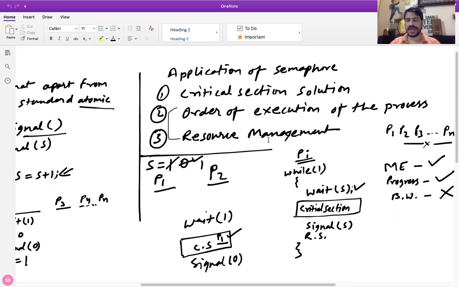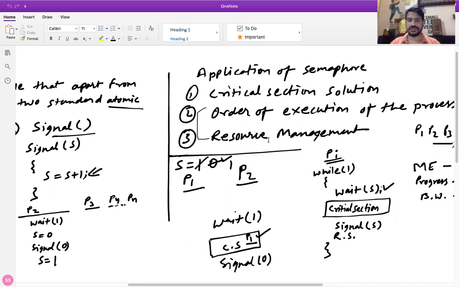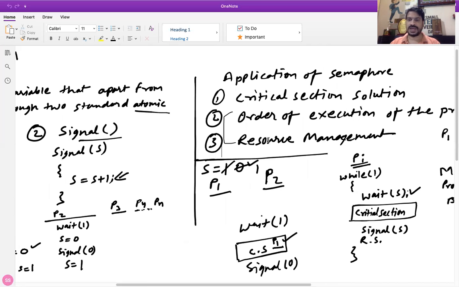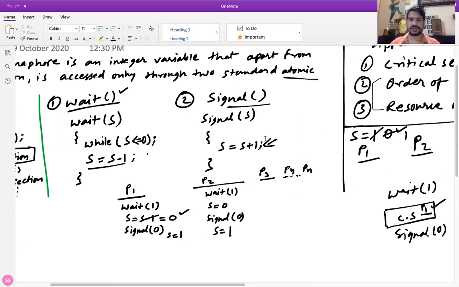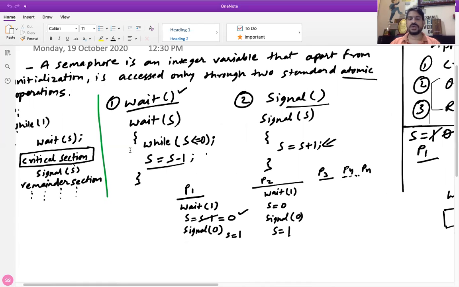As in the semaphore, we have two methods, wait and signal. What will wait do? This is the code for the wait. Wait is going to check the condition. If the condition says that the semaphore value is less than or equal to 0, then the wait will not allow any process to be in the critical section.